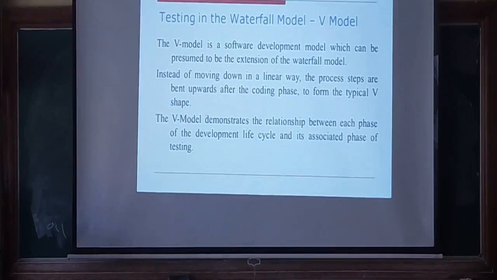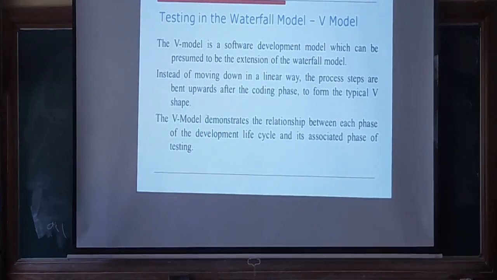The levels of testing. Testing can be categorized into different abstractions as per the waterfall model. Every abstraction level in the waterfall model can correspond to one level of testing. And when we categorize this way, we can call it the V model.